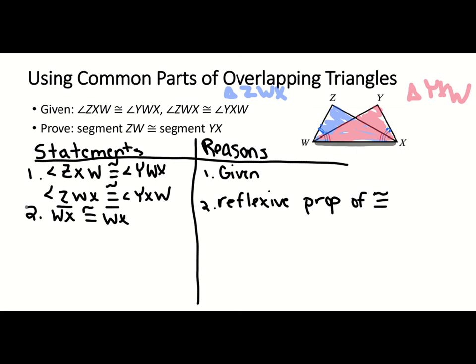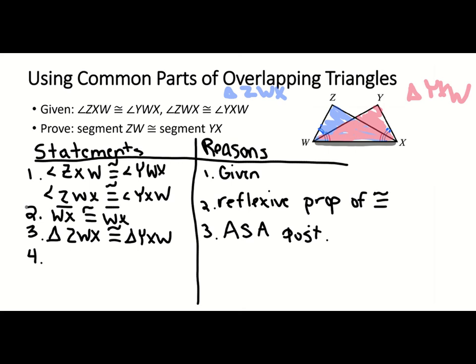And then, because I have the two angles and the side, I can prove triangle ZWX is congruent to triangle YXW, and this is going to be through, not side angle side, but angle side angle postulate.